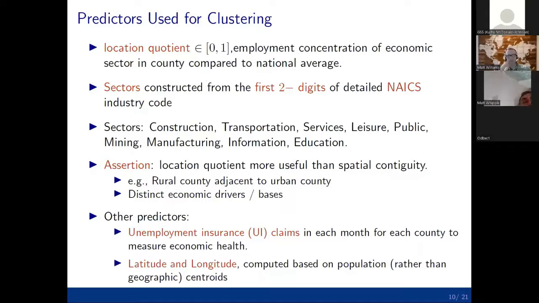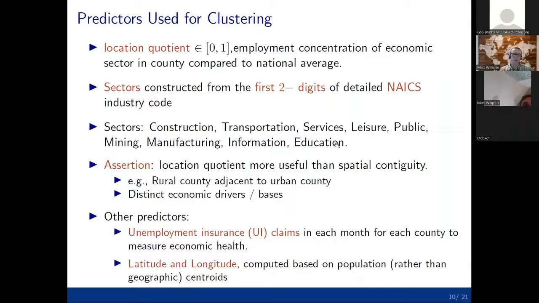There's a lot of good information available. BLS has a location quotient, which is employment concentrations by economic sector compared to the national average. Those sectors are based on 2-digit NAICS, North American Industry Classification System codes. Here are some examples: construction, transportation, etc. For something like an economic time series, spatial adjacency doesn't really make sense. You could have counties with very different economic activity being adjacent to each other.